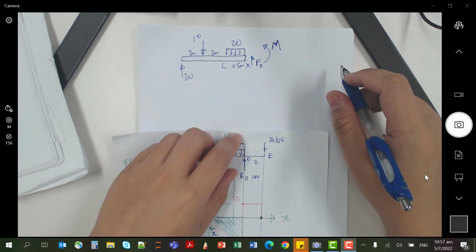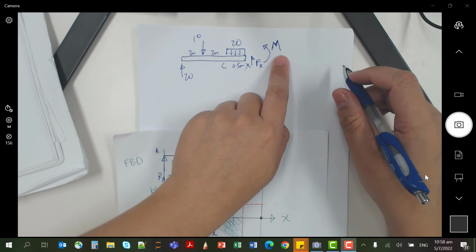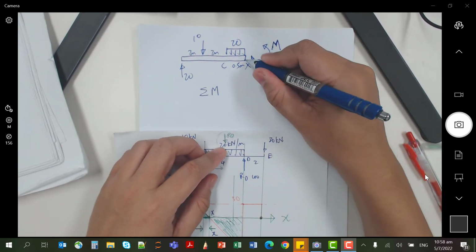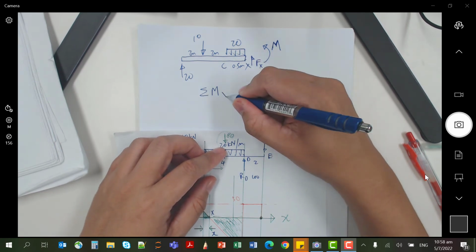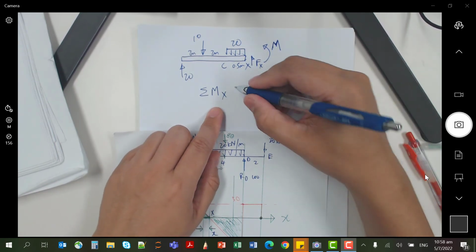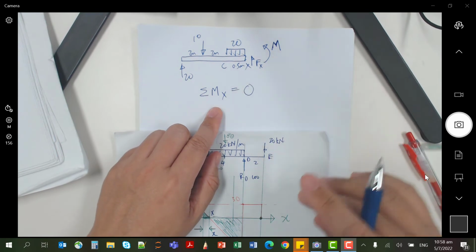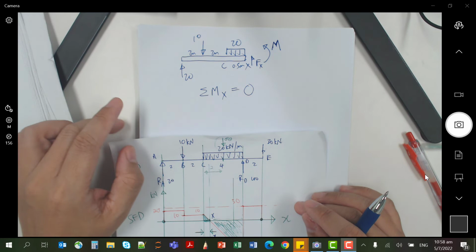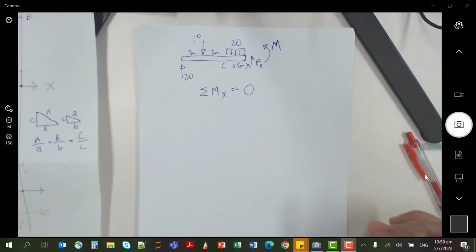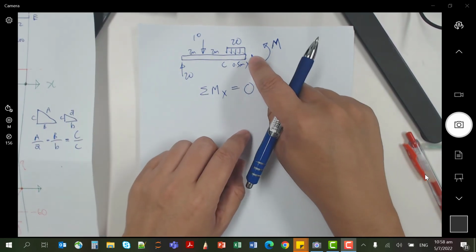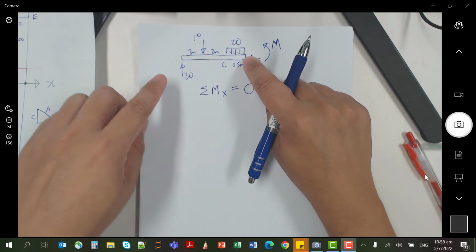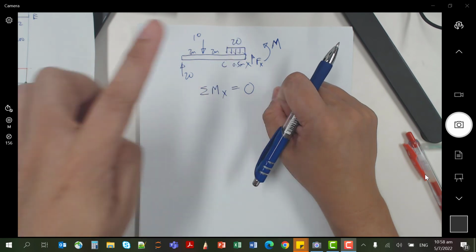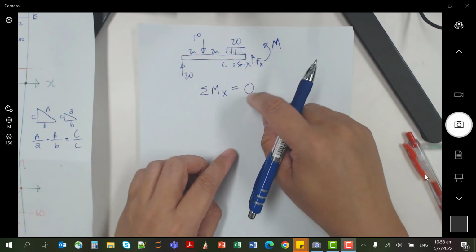The next step is we need to find M. So how do we do it? We sum our moments about the point where we cut, x. We sum moments about x, and it will equal 0 because the system itself is in equilibrium. So I take moment about x. Let's say anti-clockwise is positive.